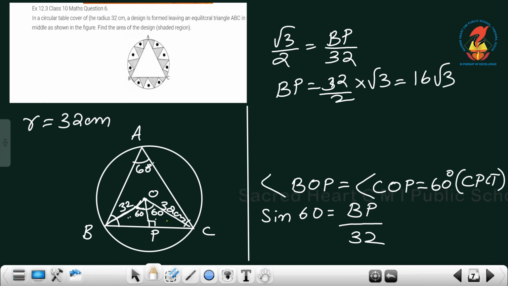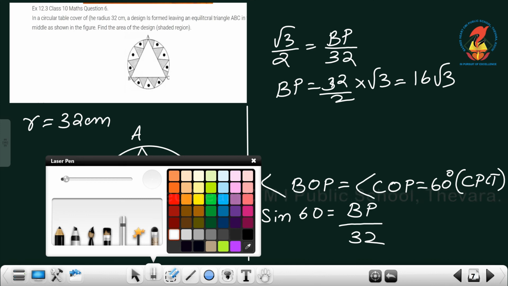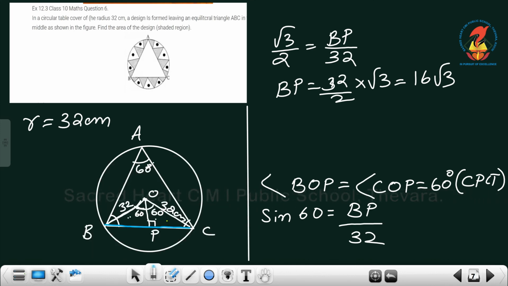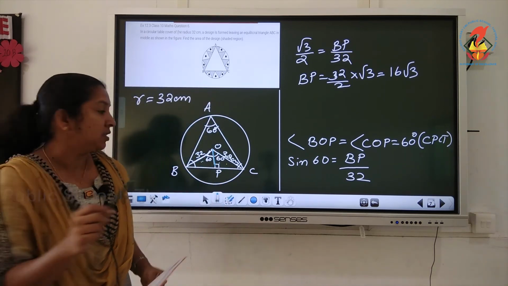If BP is equal to 16 root 3, what about BC? Total BC is equal to double of this, because the perpendicular drawn from the center to a chord bisects the chord. That is the reason.